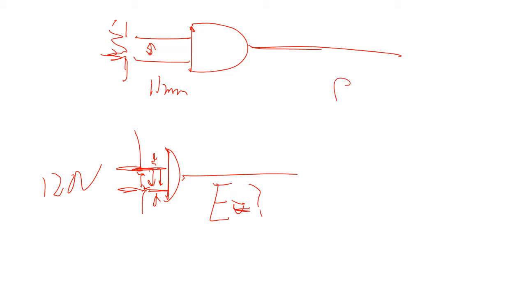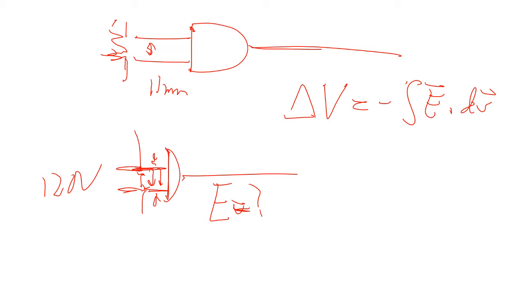Well, we know that the difference in voltage is the integral of E dot ds. Let's draw that a little more clearly. We assume the electric field is constant and straight between the two.